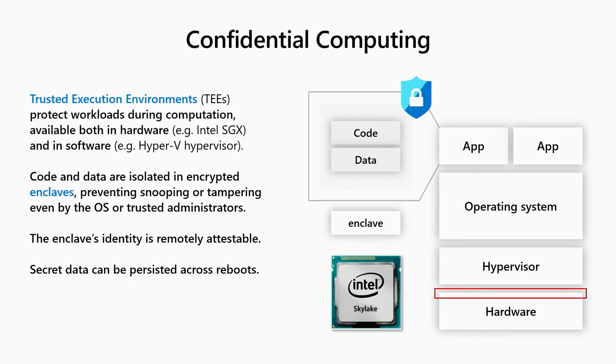And with SGX, the processor itself creates this black box of encrypted memory with cryptographic protection of the integrity of the data that's in the encrypted memory, such that you can have physical access to the machine, have a bus analyzer sitting on the memory bus, and you will not see anything that's going on inside that enclave. So that's an example. ARM TrustZone is another example of an enclave type technology that's hardware-based.